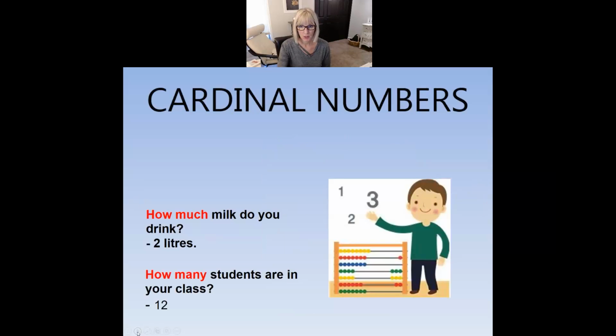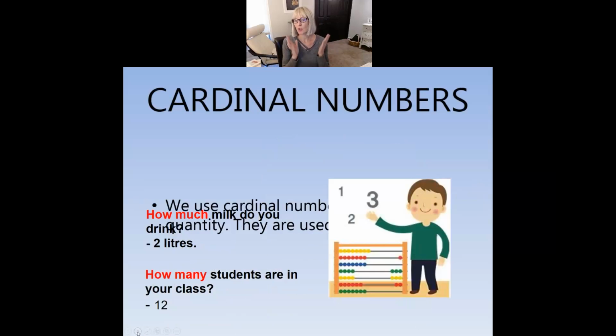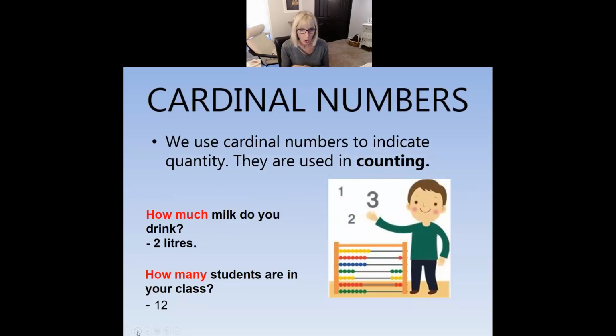Cardinal numbers. Cardinal numbers are the easy numbers. 1, 2, 3, 4, 5, 6, all the way up to 1 million. Those are cardinal numbers. We use cardinal numbers for counting. Okay? A question.